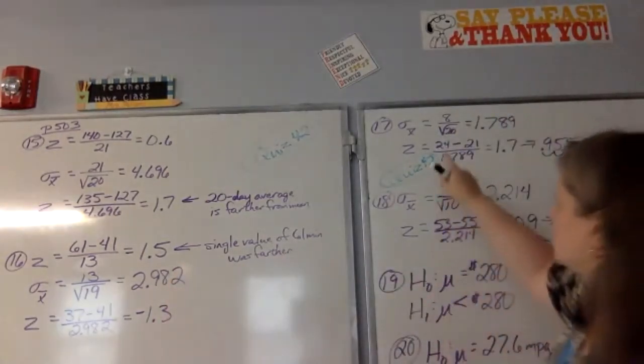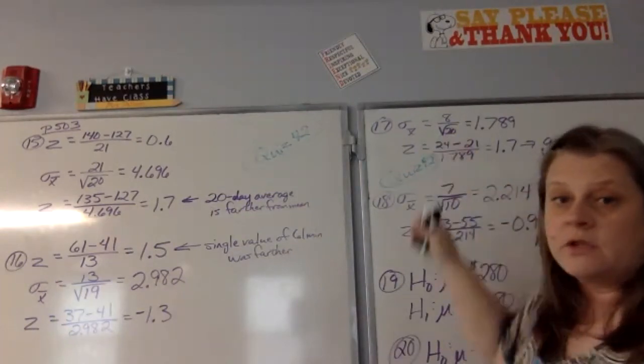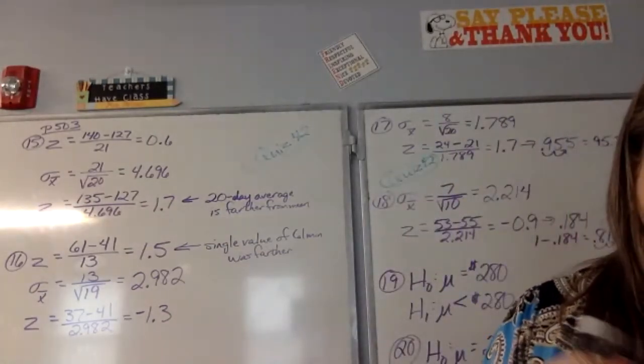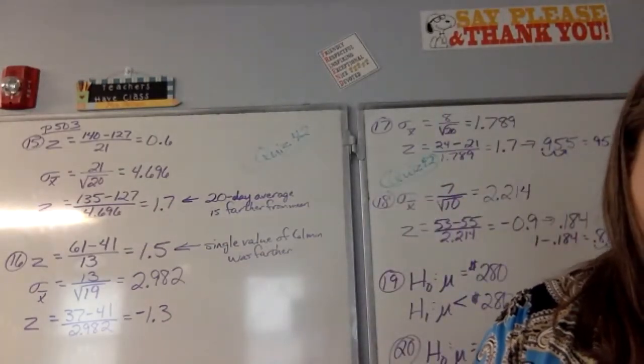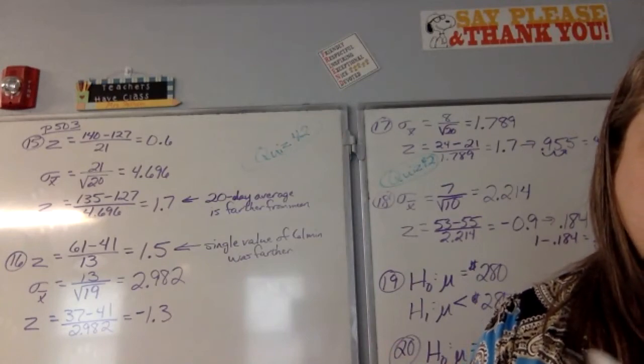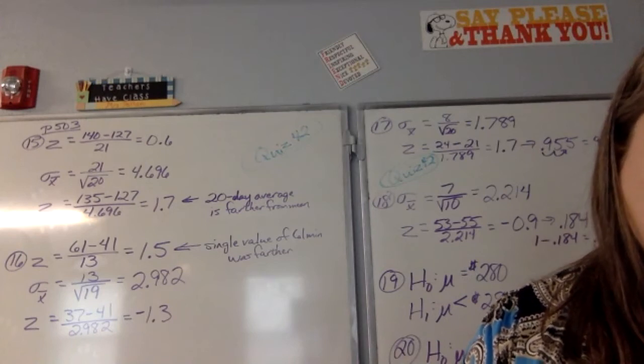So the larger number of people you look at, the closer it's going to get to the mean. Sampling distribution is a distribution of samples instead of individuals. We already talked about those.